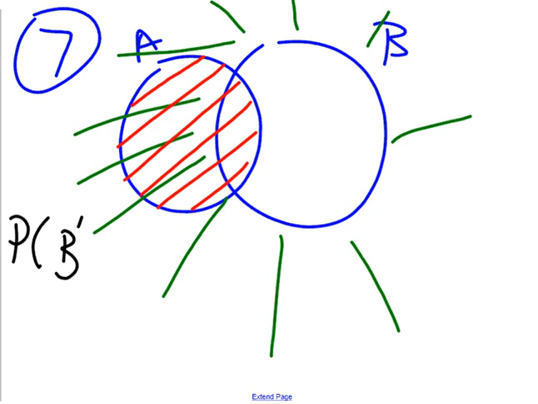Do you get B naught is like the green shading? It's every place that's not in the B circle. And then there's the A shading, that's the red shading. And then it's a union, that means anything that got shaded is included. We're not looking for where they overlap.